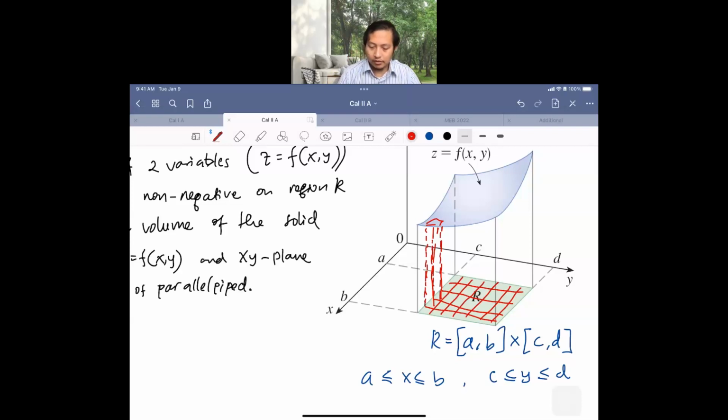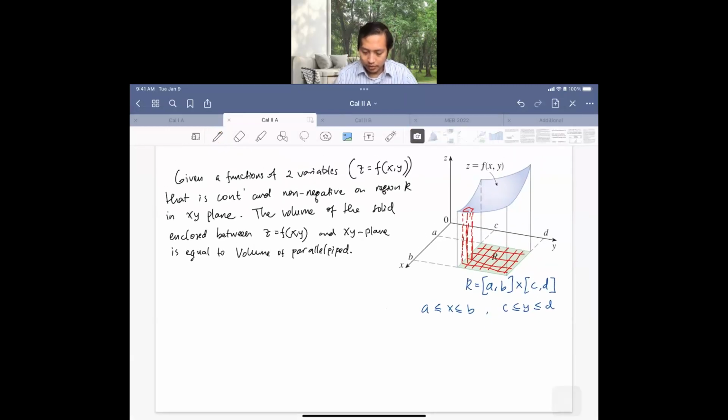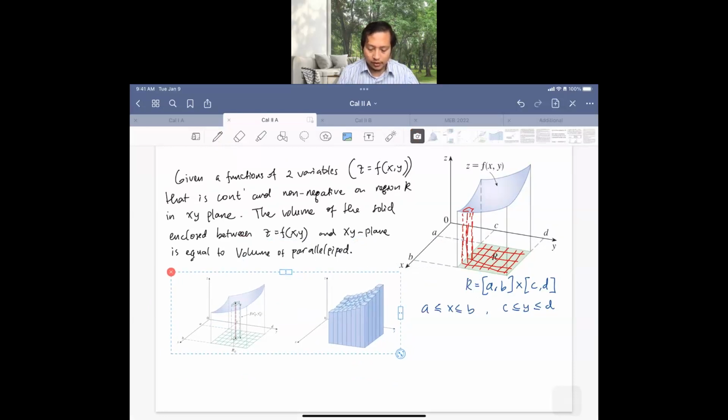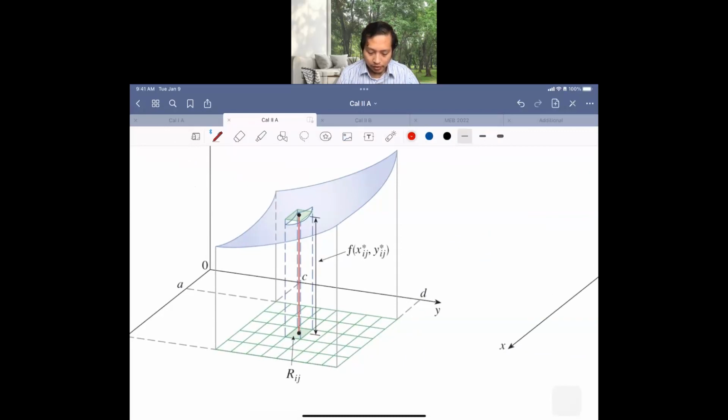Okay. Now let me go through. Okay, we can make this kind of cutting, so we are going to have a small region here. Okay, small region, and we can choose our sample.